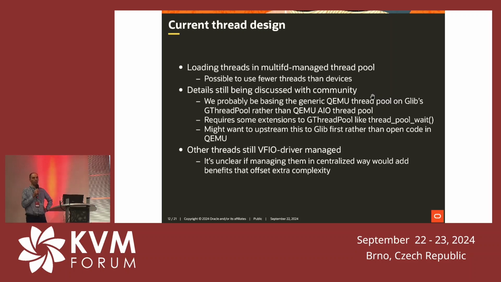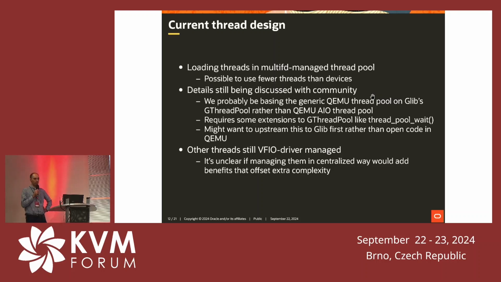that it might be better to reuse the glib one instead of creating a new generic thread pool in QEMU. We need some kind of extensions for this thread pool. For example, neither the QEMU AIO one nor the glib one has a wait function, which basically waits until all the threads have done their work.